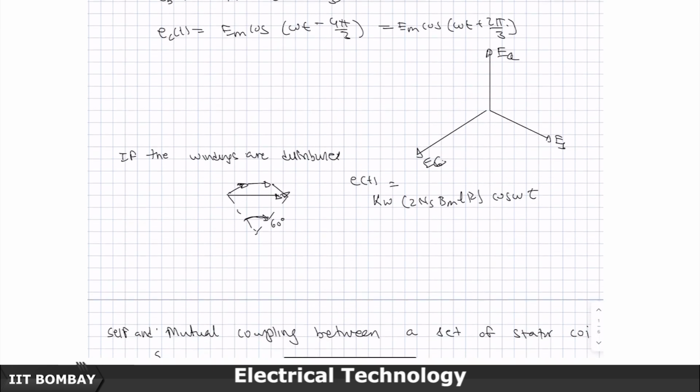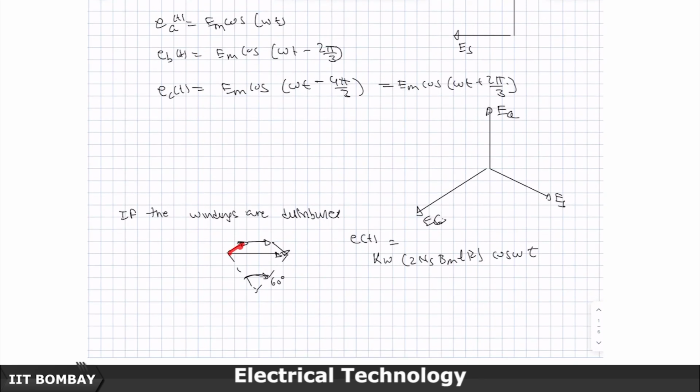Now, you know that actually these windings are distributed, as I have discussed in distributed windings earlier. Because they are distributed in space and then connected in series, the effective voltage is going to be a bit less than just the superposition by Ns, and that is basically the winding factor which we have discussed earlier.